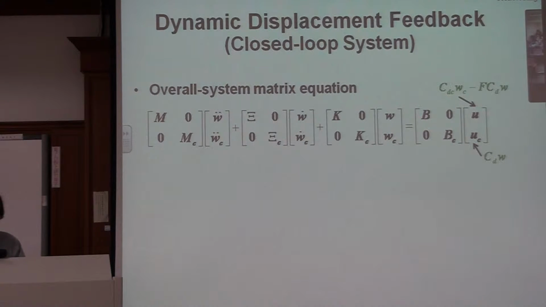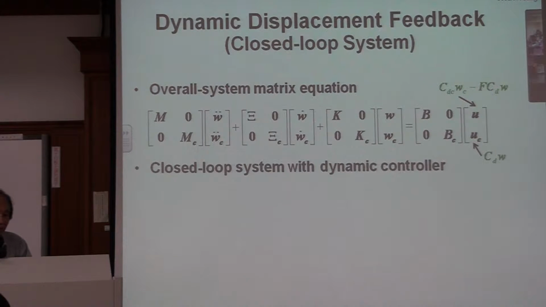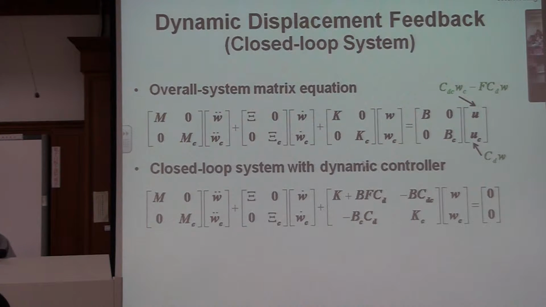If my U is equal to CDC WC minus F CDW, and my UC is equal to CDW, then you can begin to see their coupling. If you substitute this together and move those WC and W to the left-hand side, then your coupling becomes this.